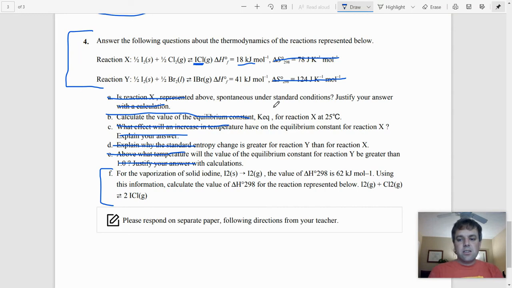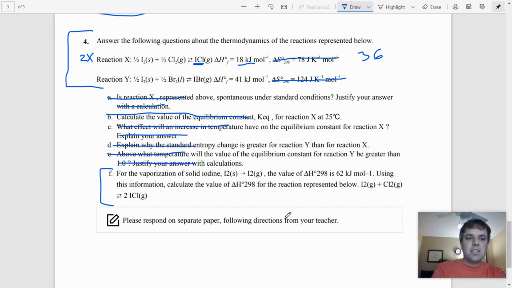Since the overall equation we're looking at has 2 ICl, we need to go up here and double this reaction. So delta H for that reaction, when we double it, is going to be 36 kilojoules per mole. And then instead of solid iodine, we need iodine gas. So we need to cancel out the solid iodine when we add these equations together.